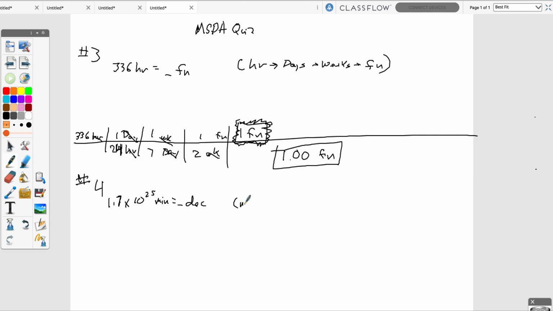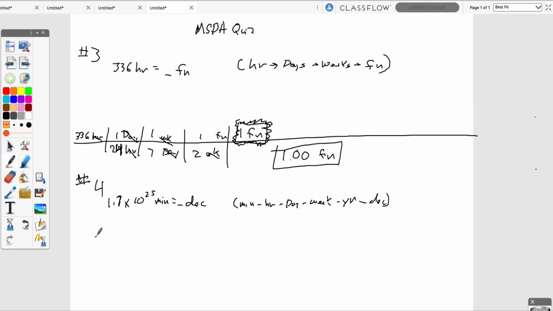This one's going to be interesting. We're going to go minutes to hours, to days, to weeks, to years, to decades. Here we go.